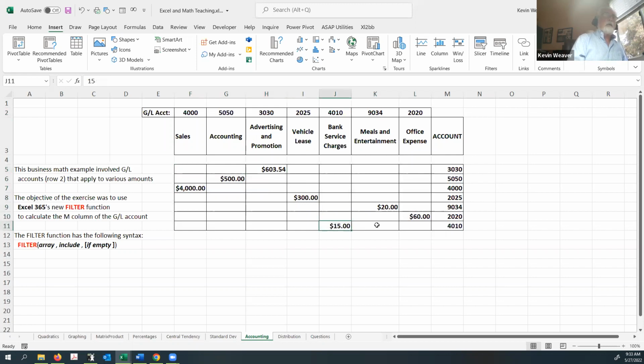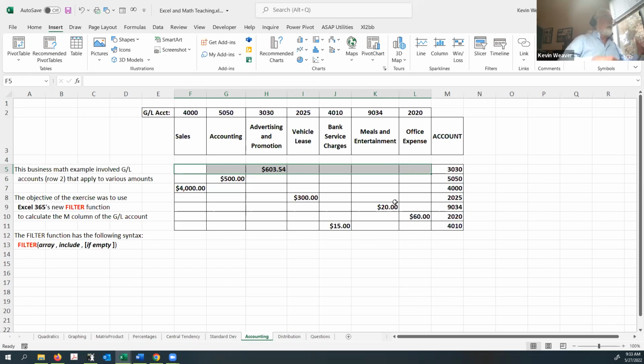There was a banking charge of $15 that was entered into the ledger, and so forth and so on. But what they wanted to know is that in this row, where they entered that in their accounting ledger, what was the 603? It was a 3030 general ledger account.